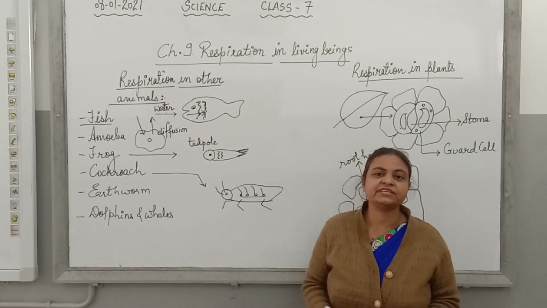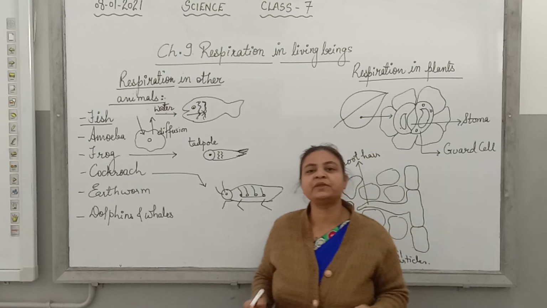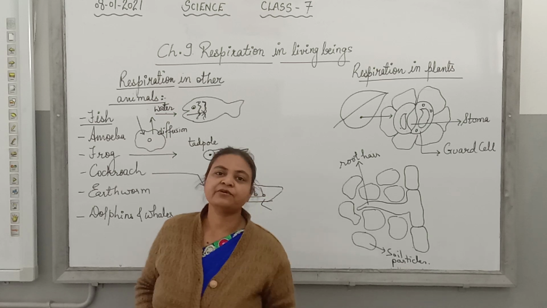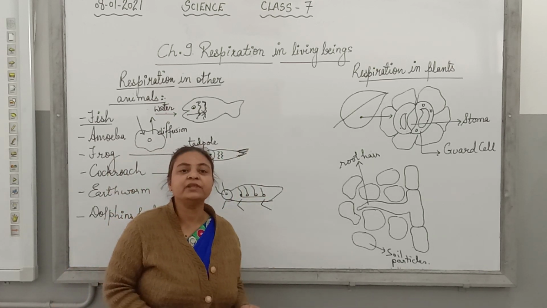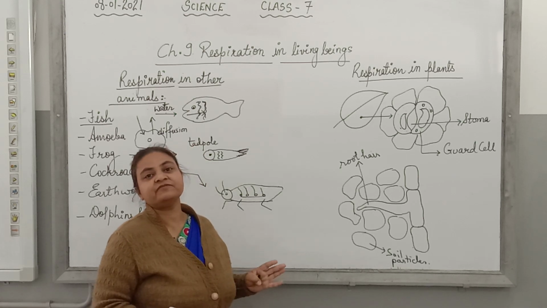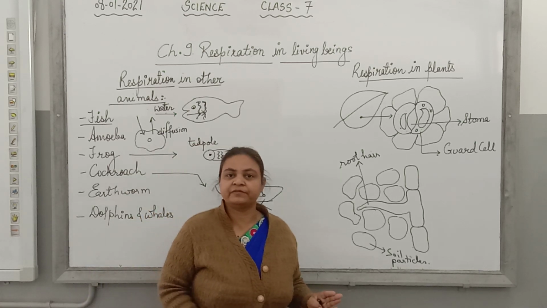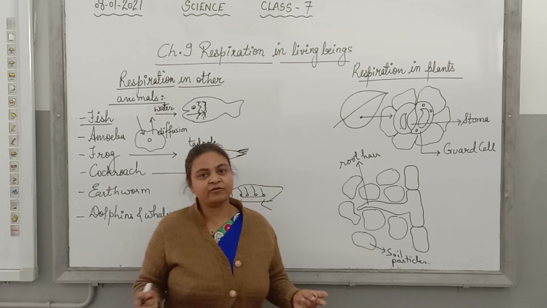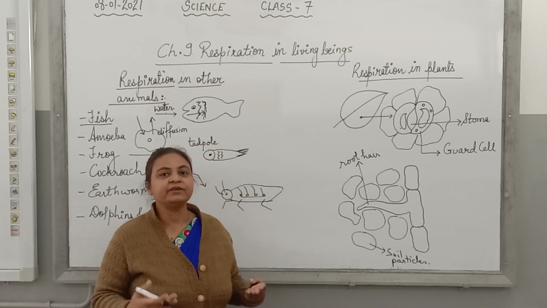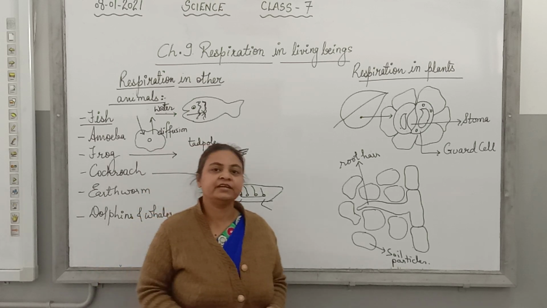There is a lot of oxygen in the air, but fish cannot breathe that oxygen. Fish cannot utilize the oxygen in the air. They can only breathe the oxygen which is dissolved in the water. So when fish are taken out of water, the gills cannot take up the oxygen and the fish dies.